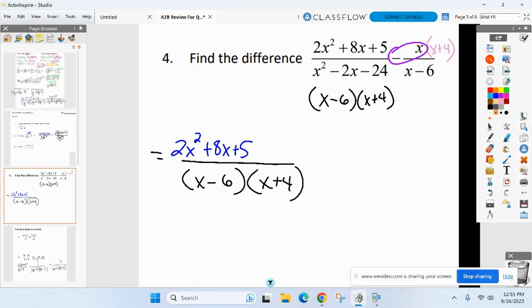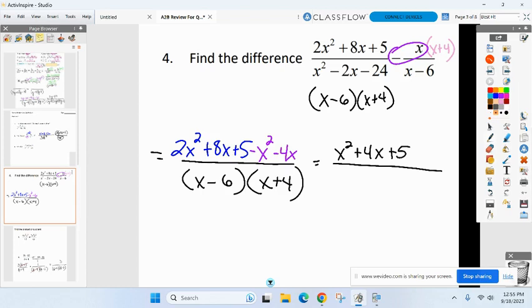Negative x. Be careful there tomorrow. Minus x squared and minus 4x. Yep. All right, let's clean this beast up. X squared plus 4x plus 5. How's that look?